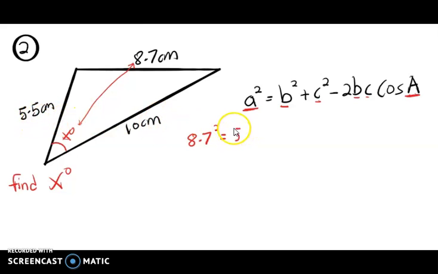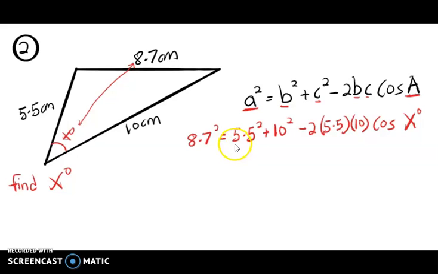So we put here 5.5 square plus 10 square and then minus 2 times 5.5 multiplied by 10 and cos x.